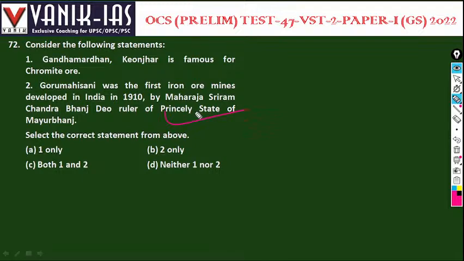Gandhamardan is not famous for chromite, it is famous for bauxite. So the second statement is right.